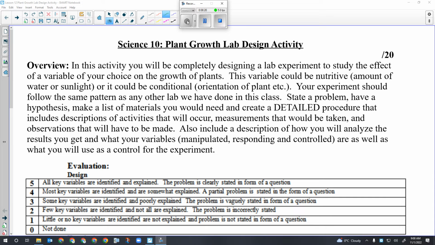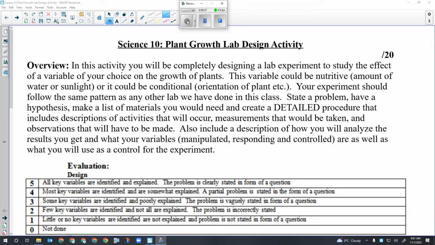If your procedure is not specific, explicitly detailed, you will lose marks for that part. The procedure is also where you will make sure that your controlled variables are controlled. If let's say the size of the pot is something that you identified as a controlled variable, you need to tell people in the procedure how you go about doing that.